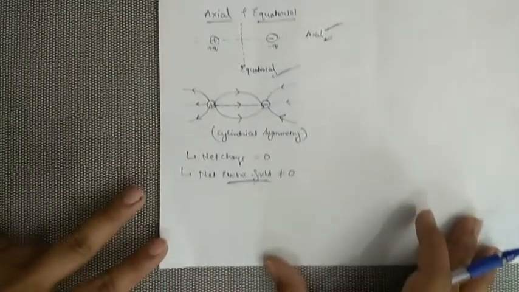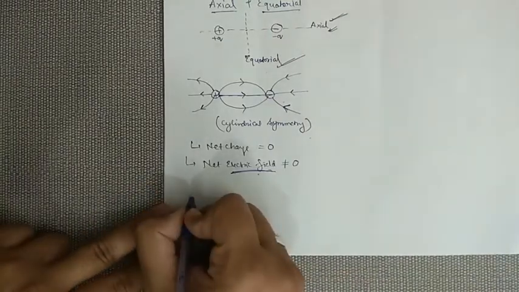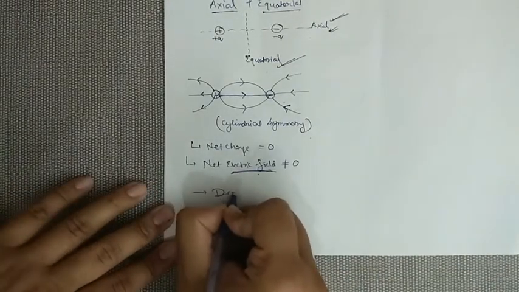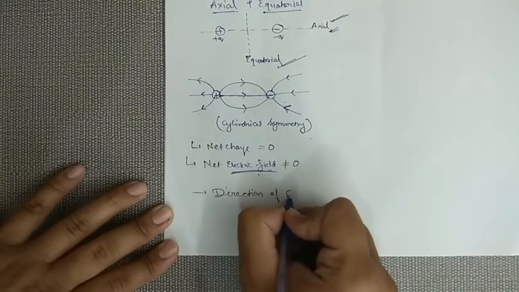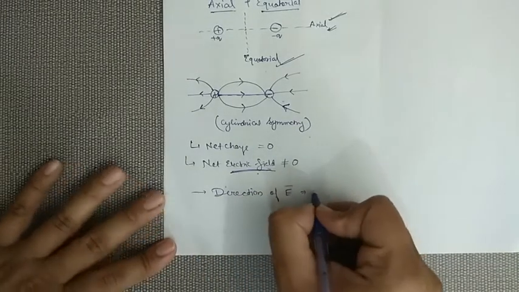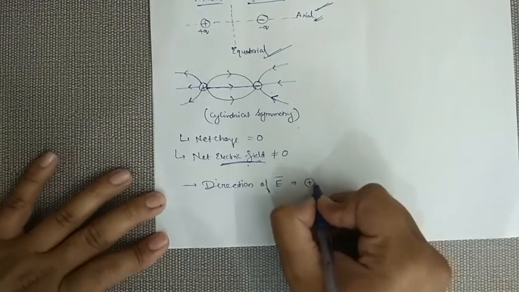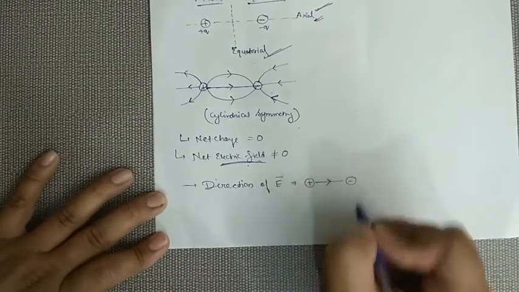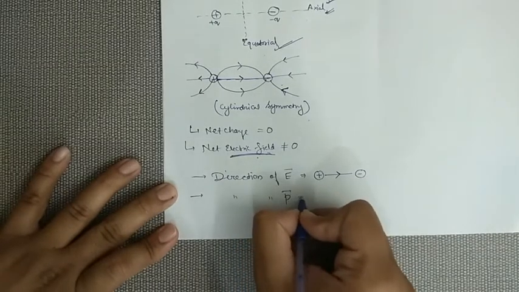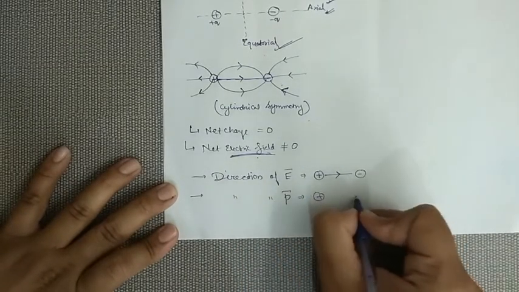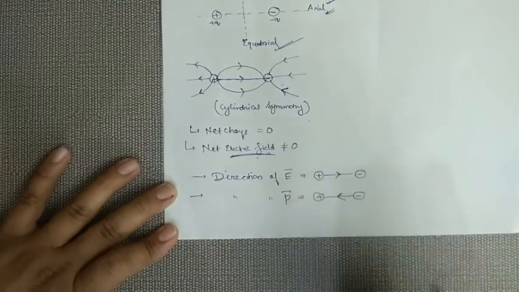One more small question arises to my mind. As we see, the direction of electric field is from positive to negative, and the direction of your dipole moment is from negative to positive.